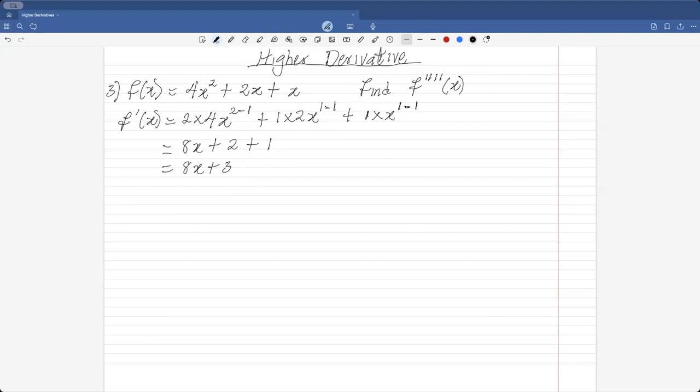A second derivative, which is the derivative of the first derivative, is nothing but 1 multiplied by 8x to the power of 1 minus 1 plus 0. So we have 8 plus 0, which is equal to 8.